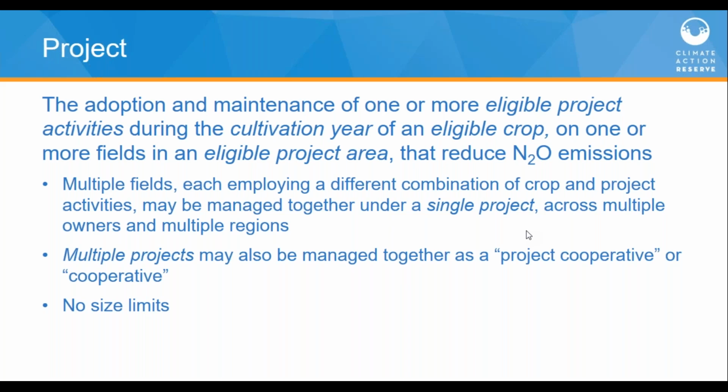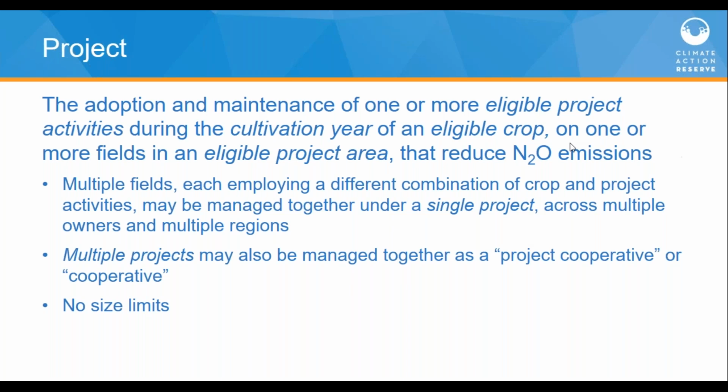There are no size limits, so a lot of flexibility for the number of fields that could comprise one nitrogen management project. And we also allow for multiple projects to be managed together as what we term a project cooperative, which could be a way to streamline efficiency, as we discuss later on.